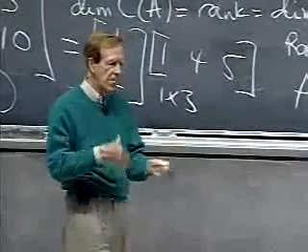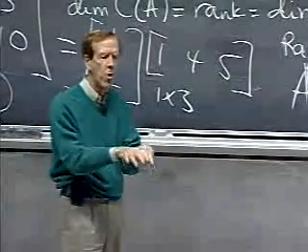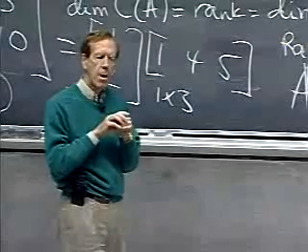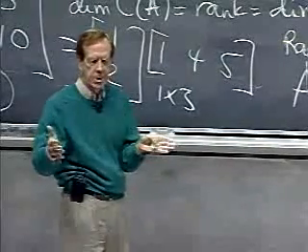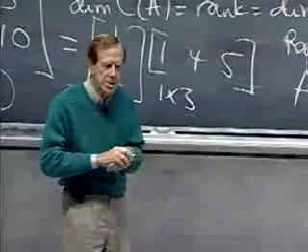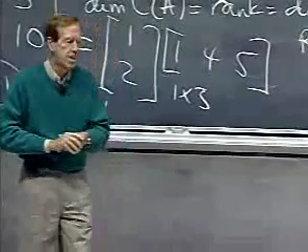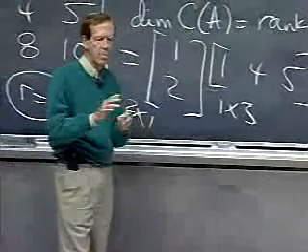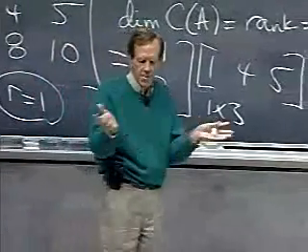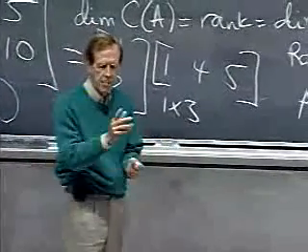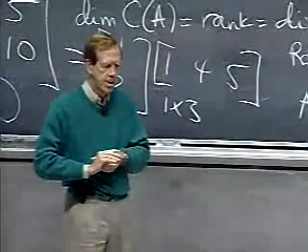If I have a 5 by 17 matrix of rank 4, I'll need 4 of them, 4 rank 1 matrices. So the rank 1 matrices are the building blocks. I can produce every rank 4 matrix out of 4 rank 1 matrices.